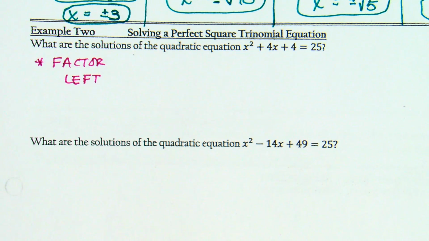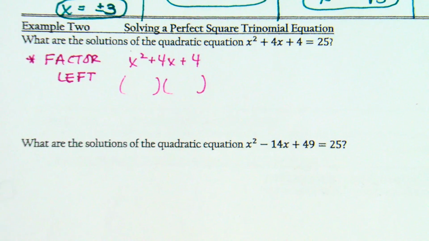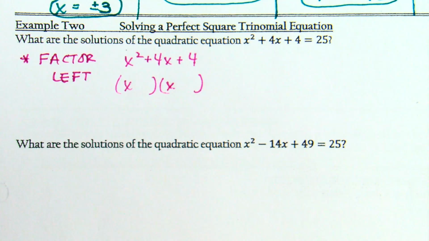How do we factor that? Can we go back to the whole 2 parentheses thing? Yeah. We didn't set the equation equal to 0, but we're just factoring this side. What do you know? X squared breaks into x times x.